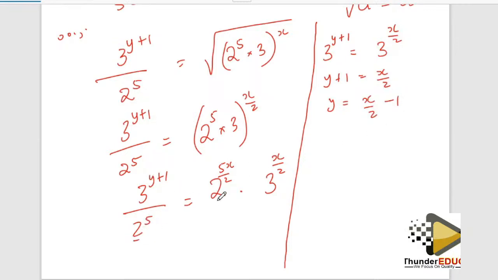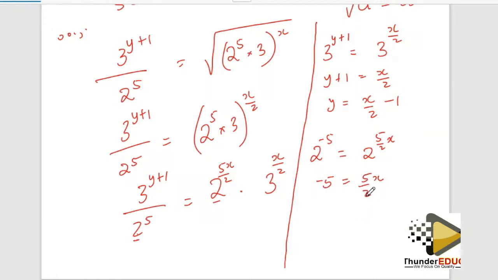Then I get to the 2s. We can see that this 2 is a denominator. I can shift it to the top so that it has a negative exponent. Negative 5 is equal to 5 over 2 times x. I'll drop the bases so that I have negative 5 is equal to 5 over 2x.